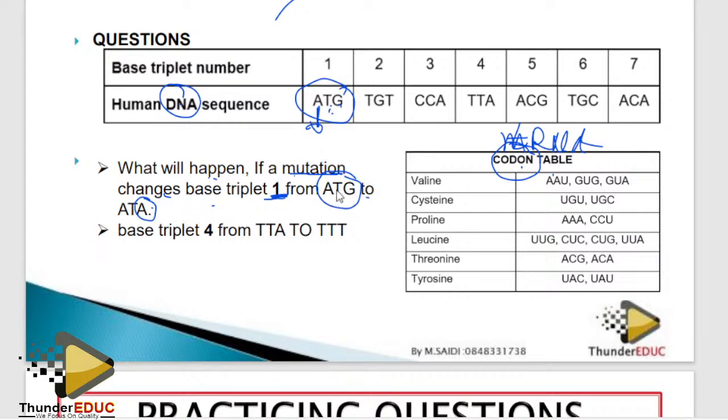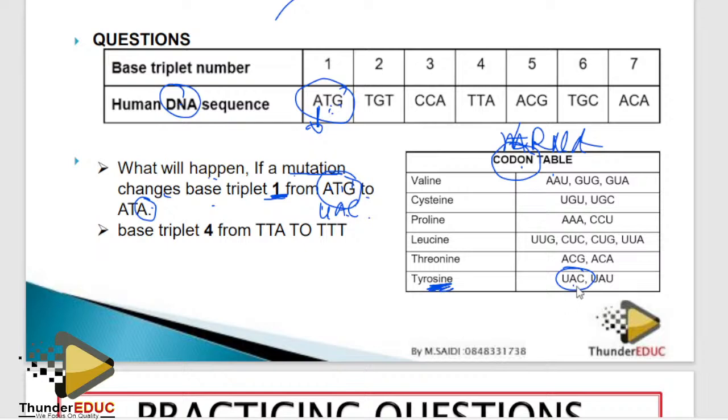So change this into messenger RNA. A goes with U, T goes with A, G goes with C. So I'm going to get AUC. I come here, look for AUC. UAC is tyrosine.